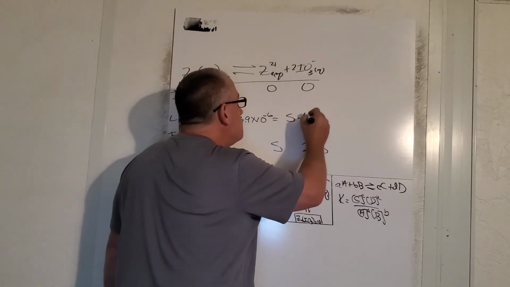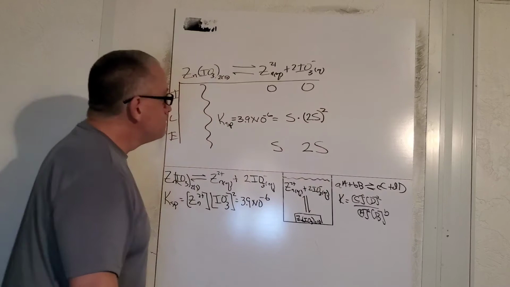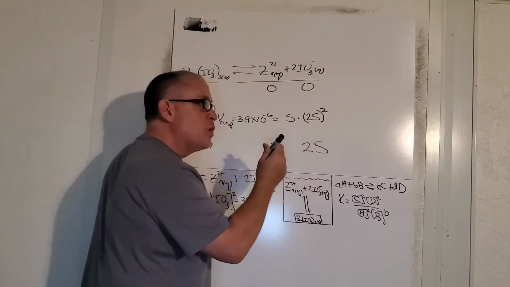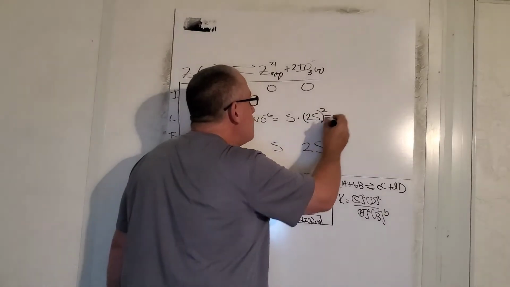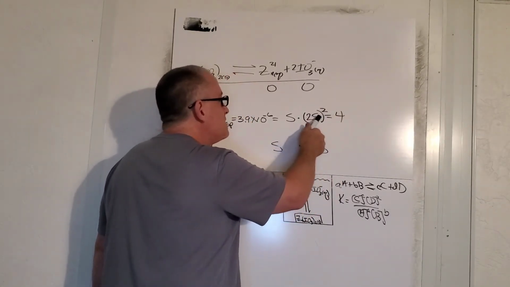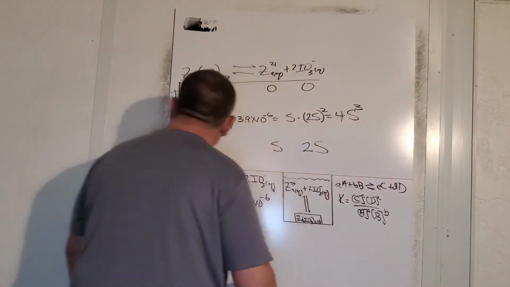That's going to be 2S squared. Right? Because at equilibrium it's 2S. Don't forget you have to square it. Here's where you have to be careful. 2 squared is 4, right? Then I'm going to have S squared times S. That's going to be 4S cubed.